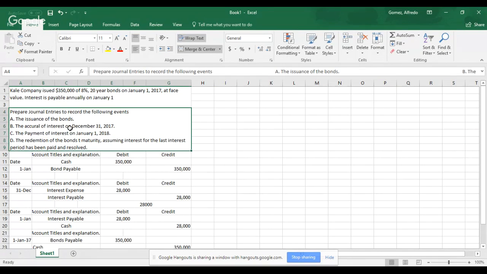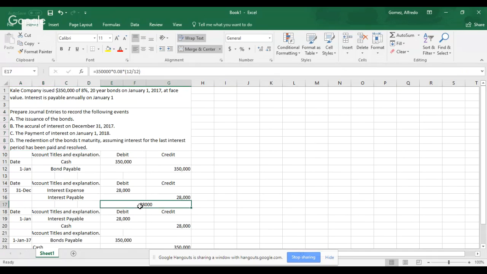Now we're going to have to record the interest accrued for that year. To calculate the interest, we will need to do $350,000, which is the face value of the bond, times 0.08 or 8%, which is the interest rate.